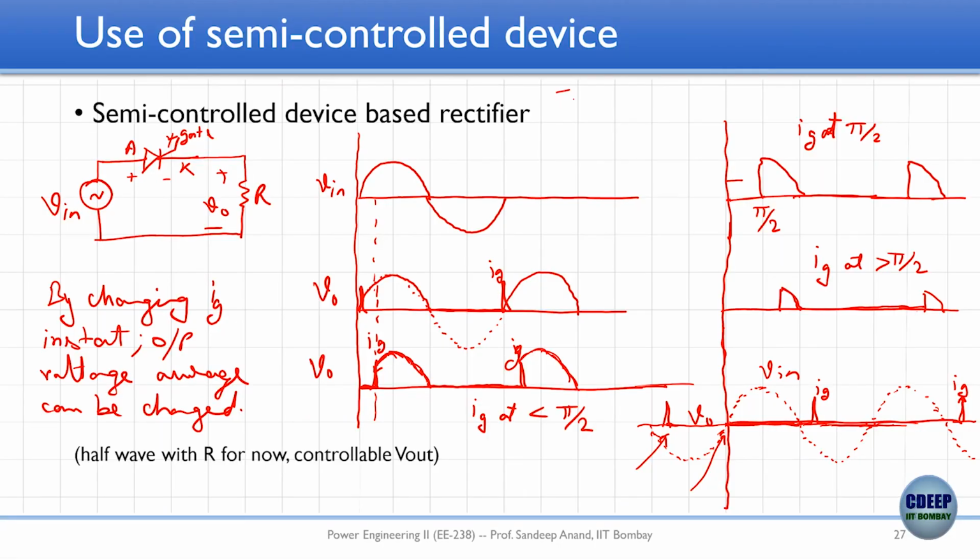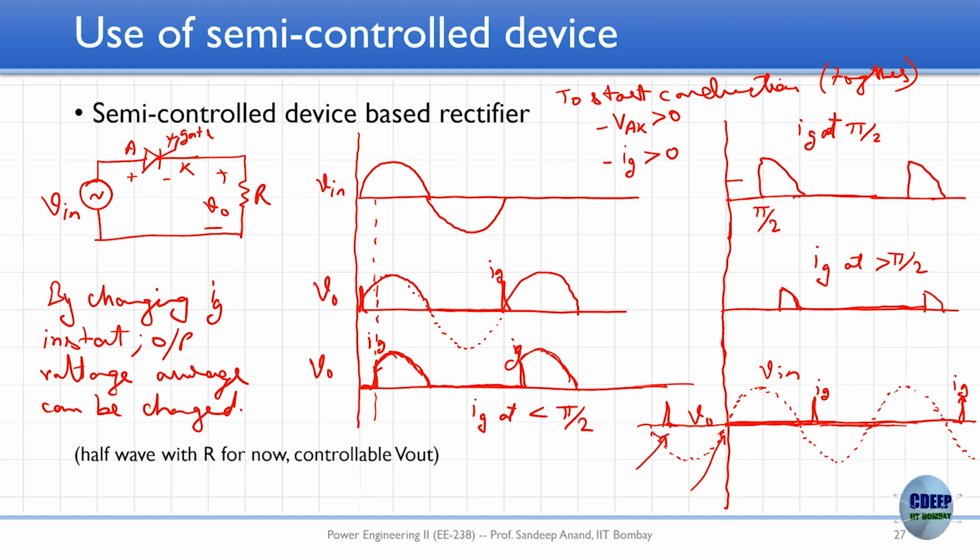So to start conduction, you should satisfy both conditions together. The first condition is VAK should be greater than or equal to zero, positive, and the second is that IG should be positive, right?